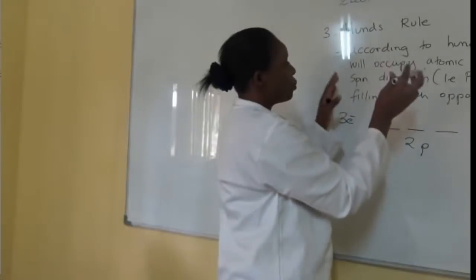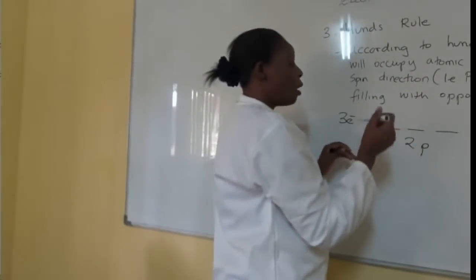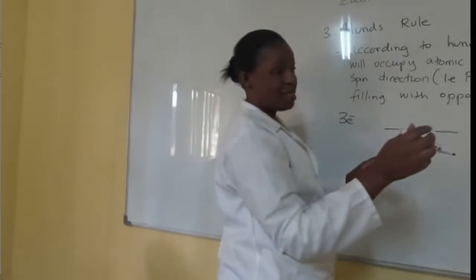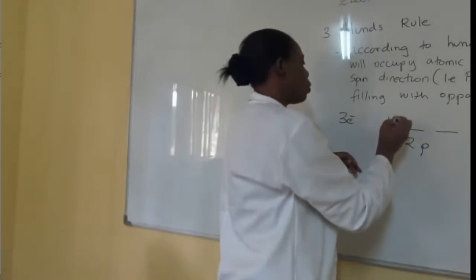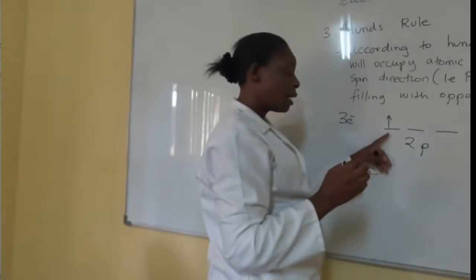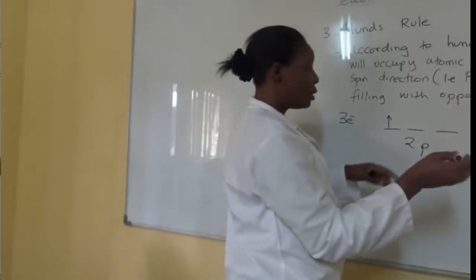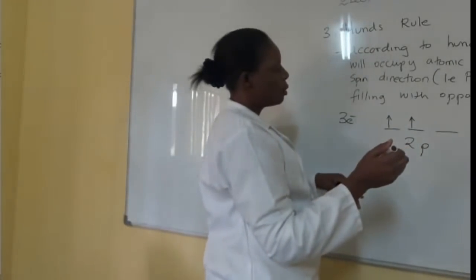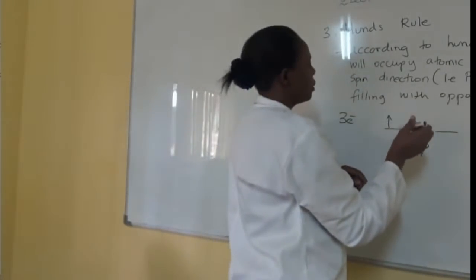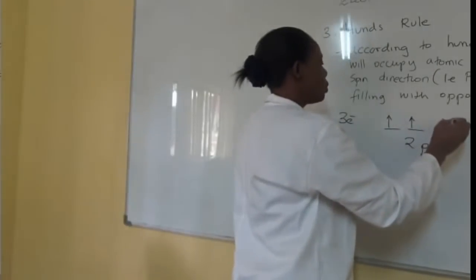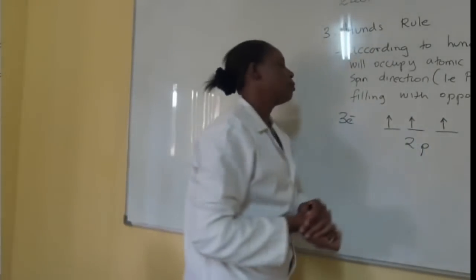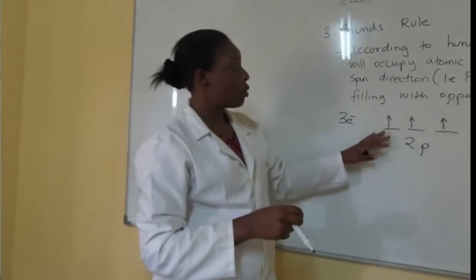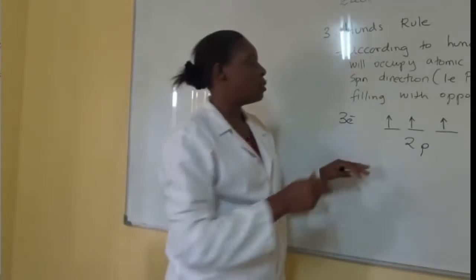What this rule entails is you maximize parallel spins. So you put 1 electron there, go to the next orbital, another electron, then the 3rd electron will go to the 3rd orbital. This is the correct way of filling these orbitals.